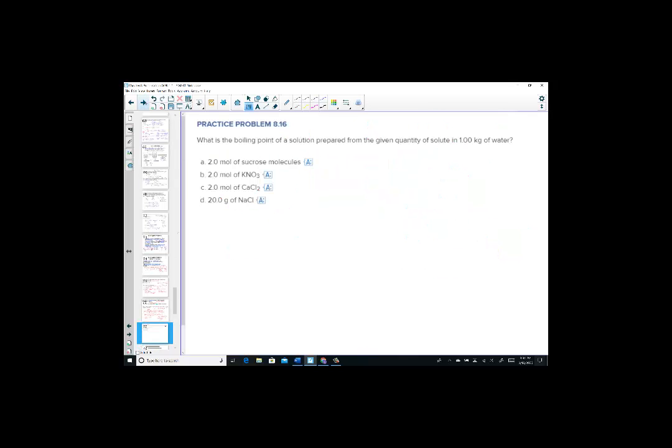Alrighty, let's take a peek at another set of practices. We're going to find the boiling point of a solution from each of the following solutes dissolved into a kilogram of water. Remember our formula.